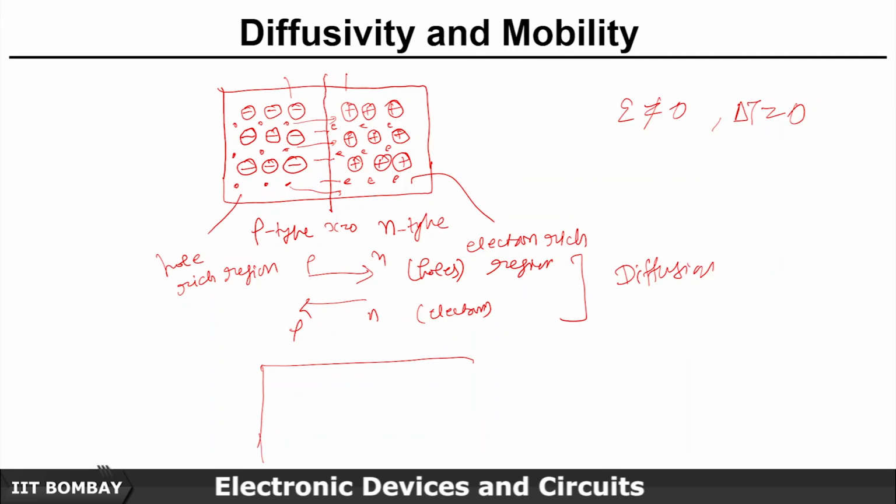Let me draw a more magnified image of this. This is the metallurgical junction, x equal to 0. Let's say these are the charges because of the acceptor and donor ions. So you can see there was a balance, right? But now these holes are depleted and these electrons are depleted because of the recombination.